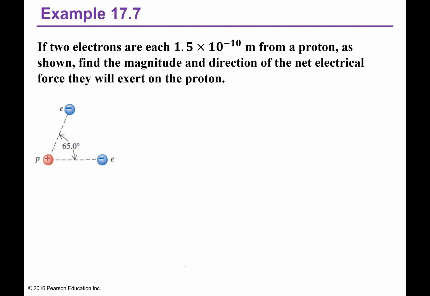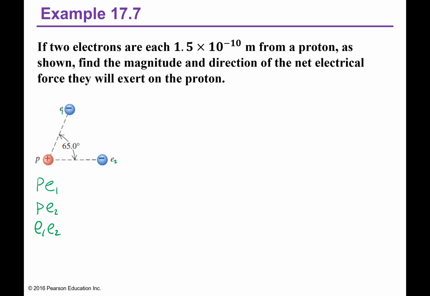Again, it's a combination of 3 charges. That means they're all interacting. So let's call this P, E1, and E2. That means P interacts with E1, P interacts with E2, and then technically E1 interacts with E2.